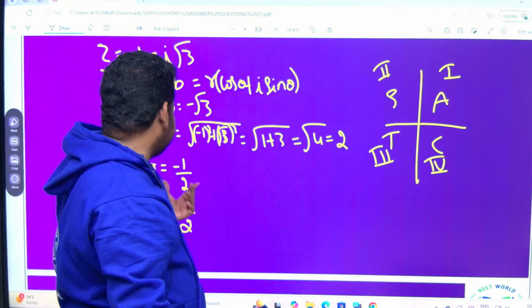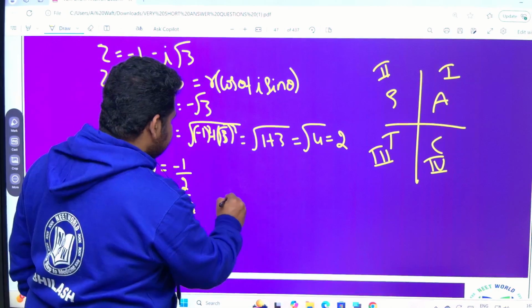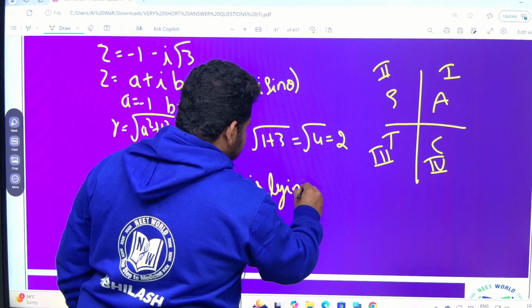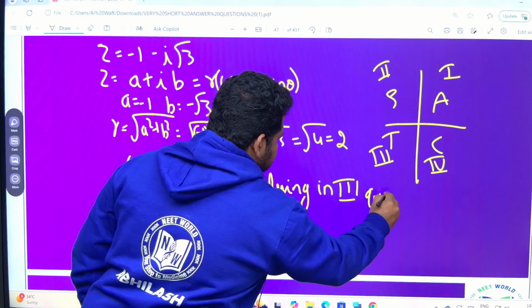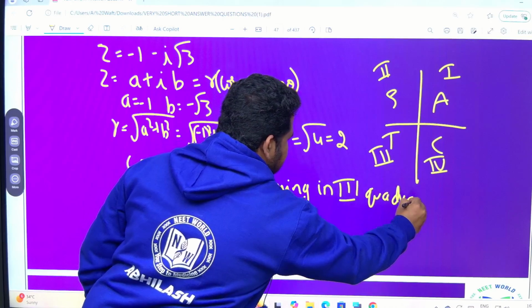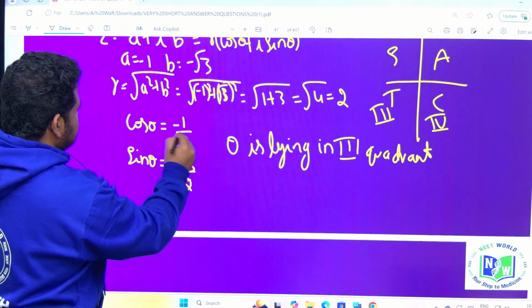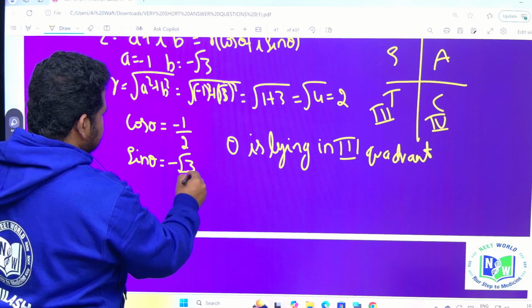But here we are getting both sine and cos negative, that is, theta is lying in the third quadrant, where cos theta is minus 1 by 2 and sin theta is minus root 3 by 2.